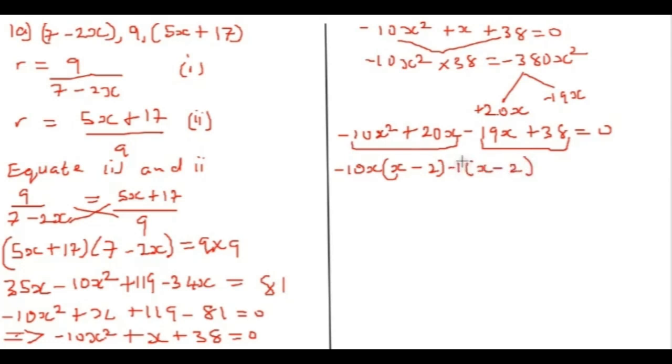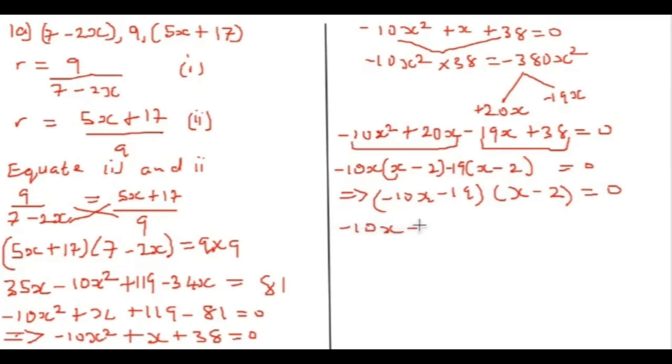For that to be achievable, we have to use the factor minus 19 here. So minus 19x divided by minus 19 gives us x. 38 divided by minus 19 gives us minus 2. So effectively, we have minus 10x minus 19, times x minus 2, equals 0.